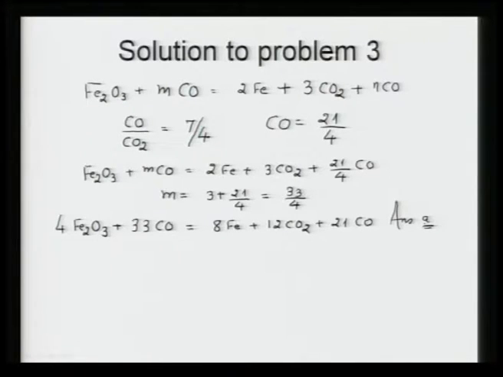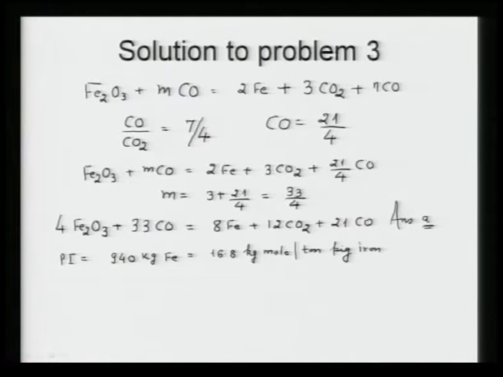Now, next we have to calculate the carbon used. We are given pig iron that contains 940 kg iron, which is equal to 16.8 kg mole. This is per ton of pig iron.